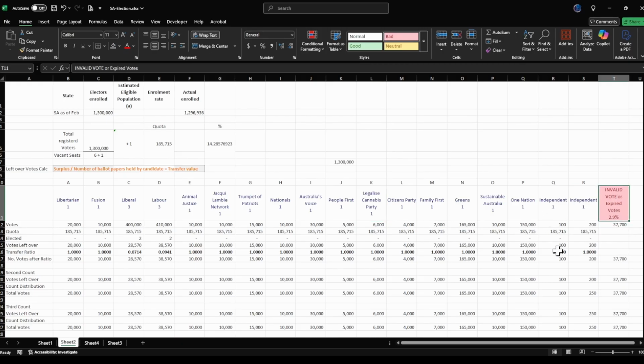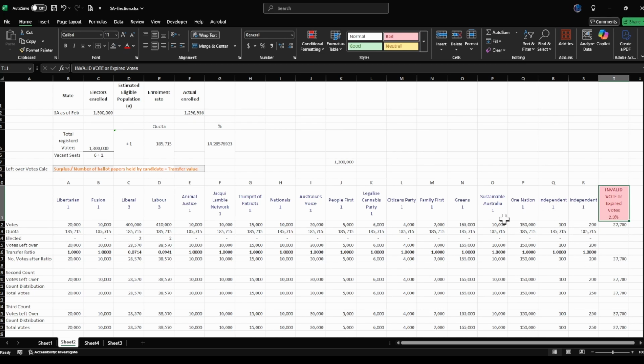So if you're looking to vote for ungrouped or independent people who are not above the line, you will need to make sure that you vote all the numbers below the line. If you wish to vote just above the line, understand that these independents won't even get a vote at all.